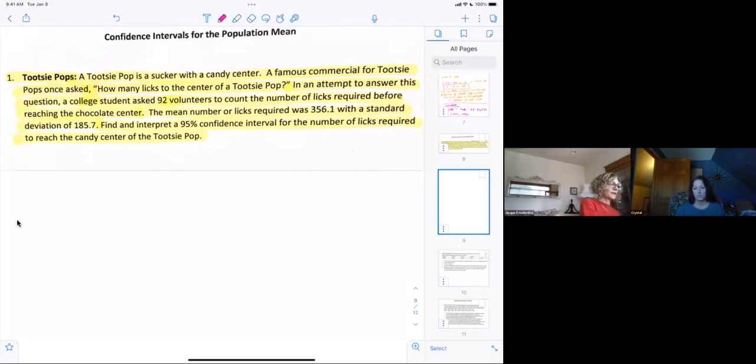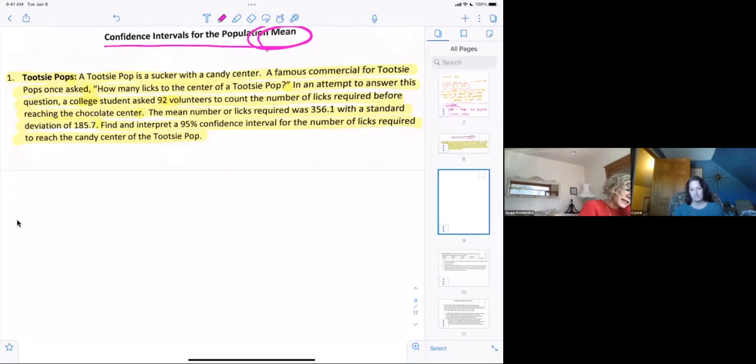We have a sense of what's going on here. Backing up a little bit, it says confidence interval for the mean. So we're already cued in on what we're finding, but take a step back before you start with any calculations. What are you finding a confidence interval on?